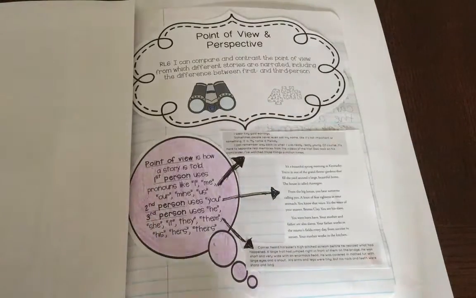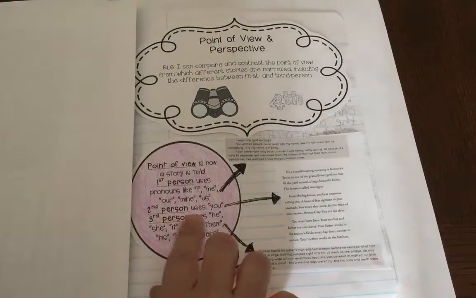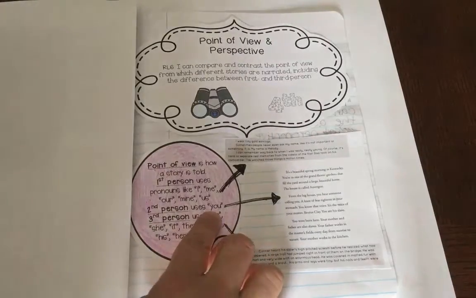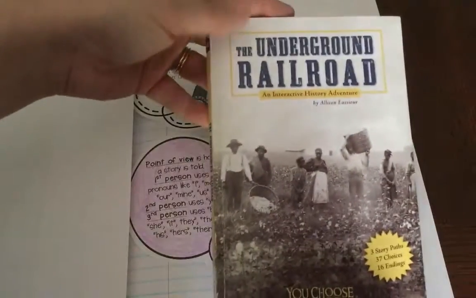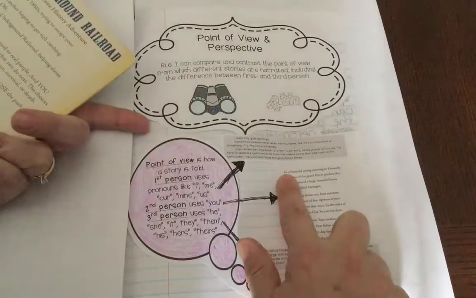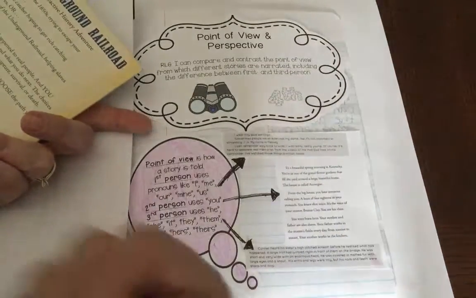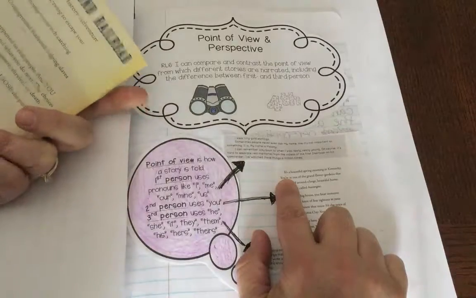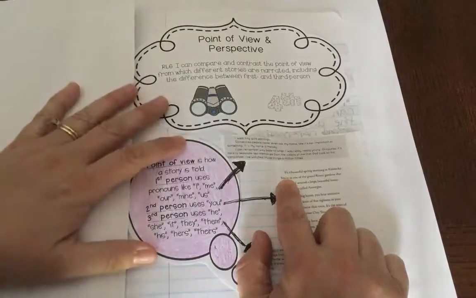involved in the story. Now there is a second-person narration. It's not something that we tend to see commonly, but I did find an example in this particular book with a You Choose. And in this story, you can see where the person who's writing refers to you as if you're the character in the story.